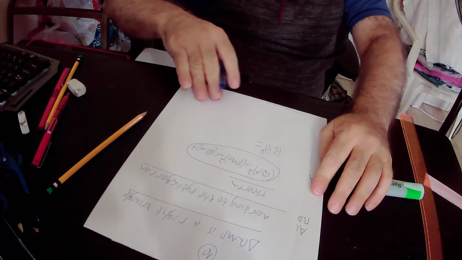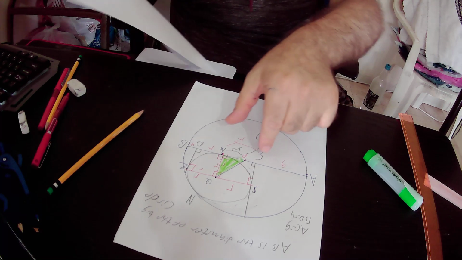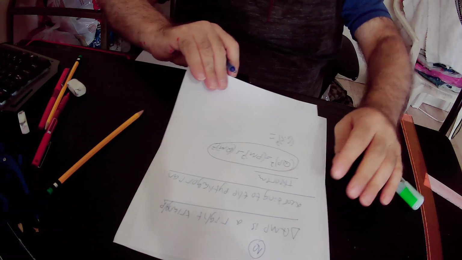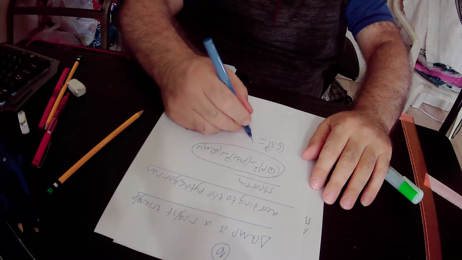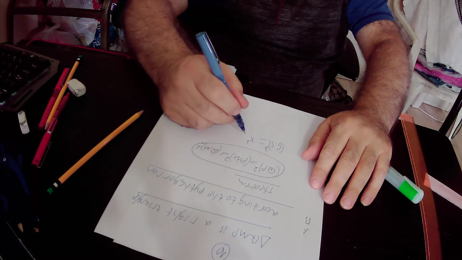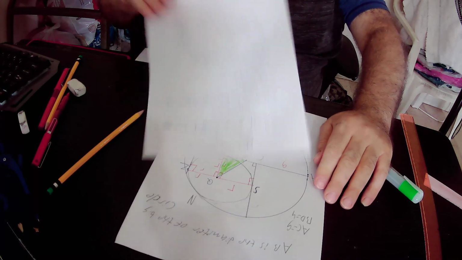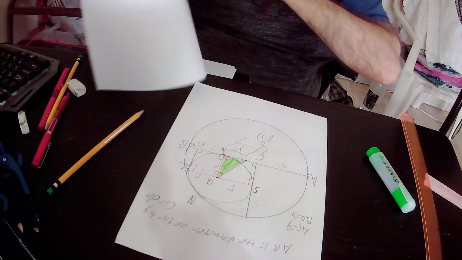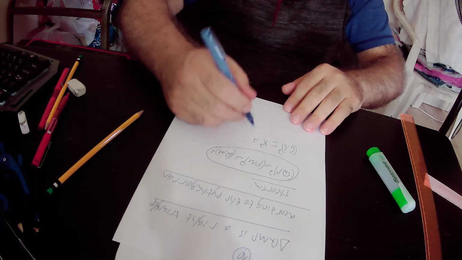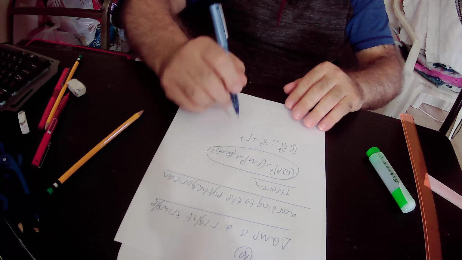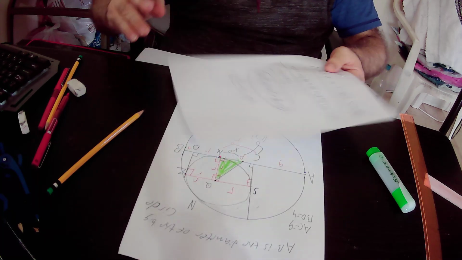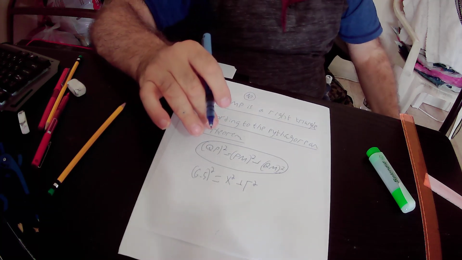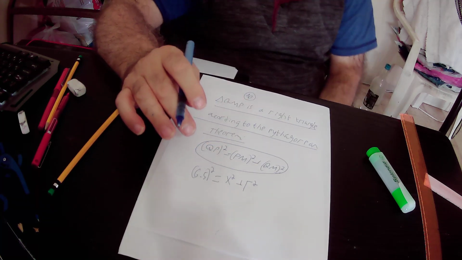That equals PM square. PM equals X, so PM square is X square plus QM square. QM equals small r, so QM square is r square. Okay, so we got this equality that states that 6.5 square equals X square plus small r square.